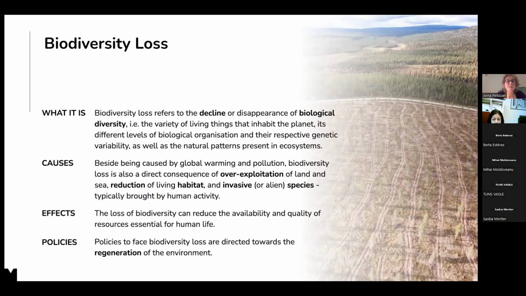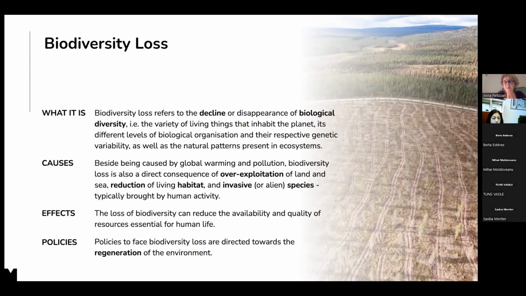So the causes are clearly being caused by global warming and pollution, which we've seen before. Biodiversity loss is also a direct consequence of overexploitation of land and sea, reduction of living habitat, invasive or alien species, typically brought by human activity.